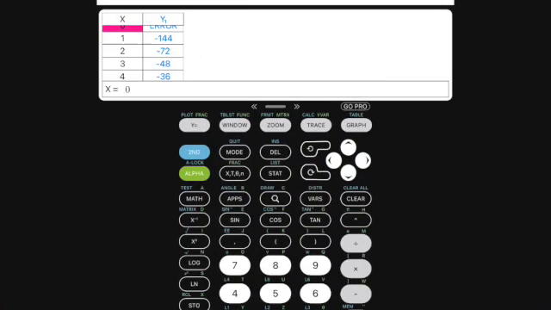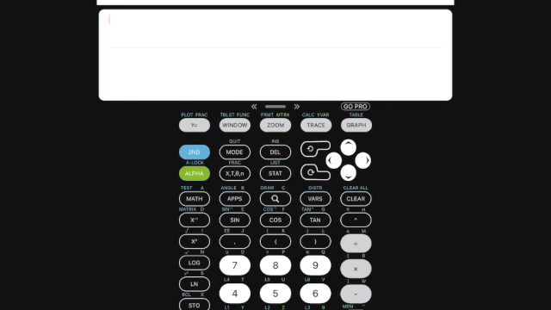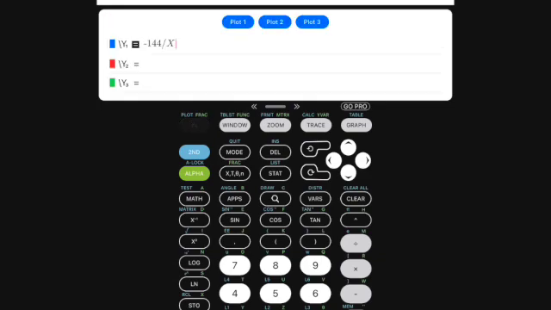So go to your graphing calculator, okay? You're going to hit this y equal button up top, okay? This button right here. So then clear it, and you're going to put that negative 182 in, and divide by x.